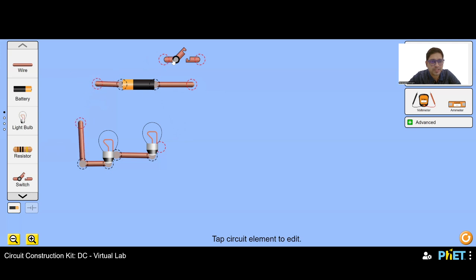Let me have a switch there. Something like that. Okay, that should be fine. Okay, finally, so there, I have a switch. And I connected there. One more wire, just to make sure.